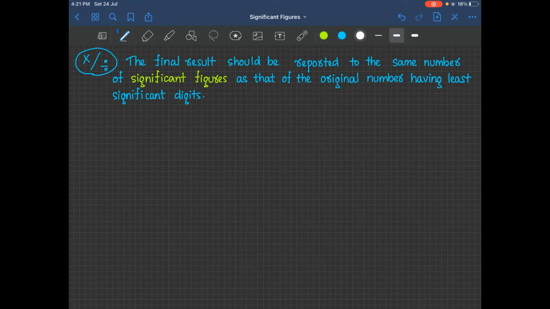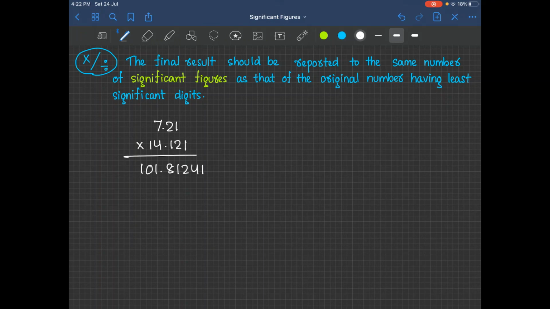In case of addition subtraction, we were checking least decimal place. Here least significant digit. So let's just multiply. We are multiplying 7.21 into 14.121. If we multiply them, our multiplication value will be 101.81241. This will be our actual result.